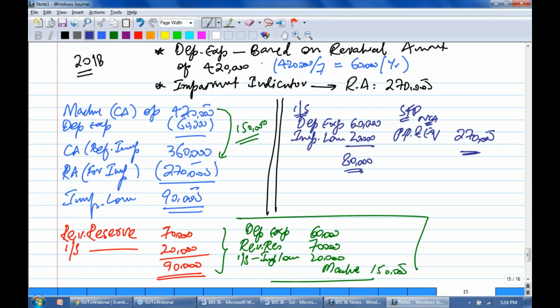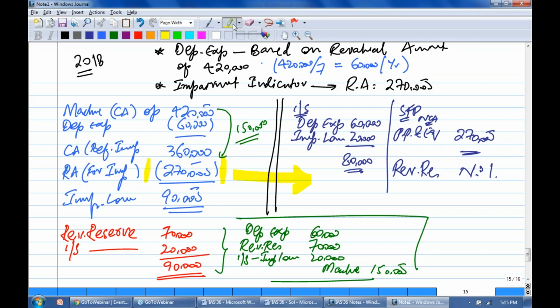Number one. So now the revaluation reserve becomes nil. And subsequently, the asset will be depreciated on this basis over the remaining years.